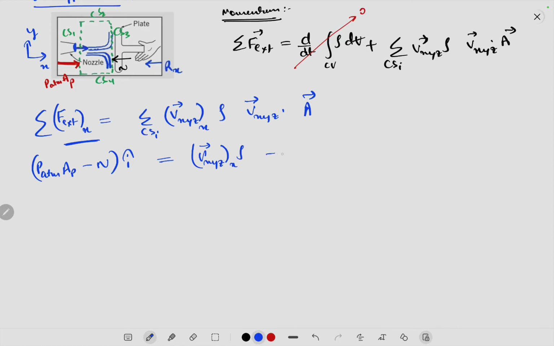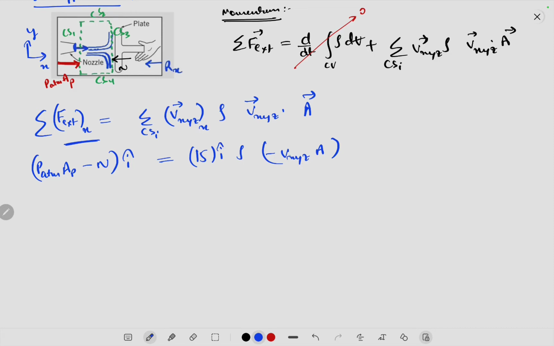That is minus Vxyz A. And what is the value of Vxyz? Let's first take the magnitude. What is the magnitude of Vxyz along the x-axis? That is given in the problem, which is 15 meters per second, in the positive i hat.